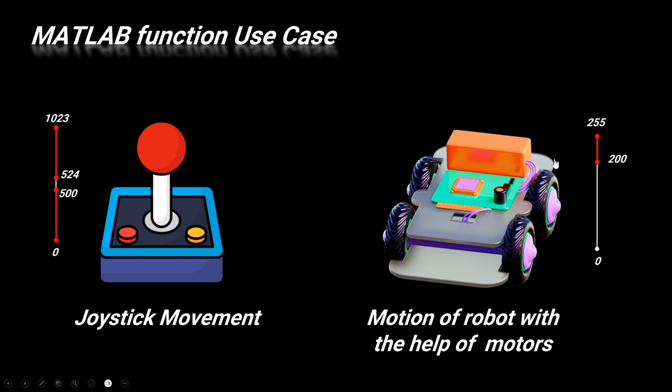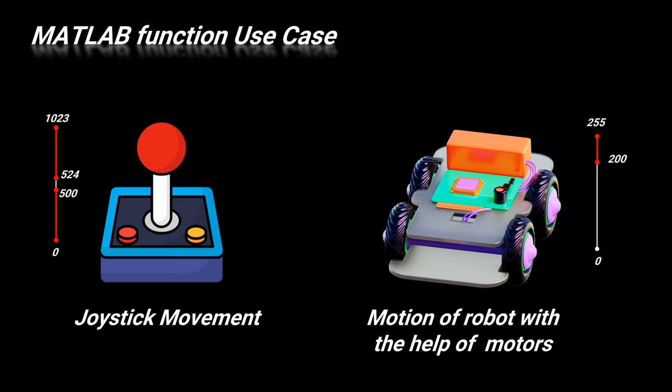But the problem is, if you give that 255 microsecond pulse, there is a possibility that your motor may get damaged. So in this particular use case we have capped everything at a 200 microsecond pulse. This is the motor side that you see.